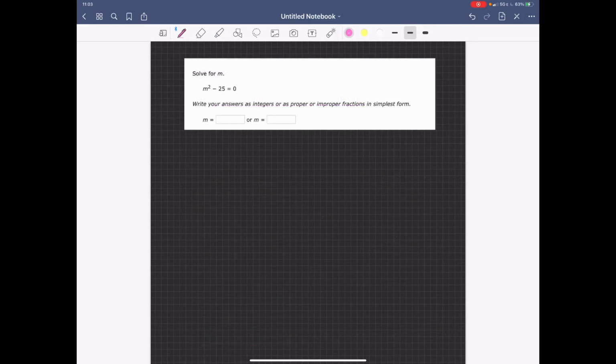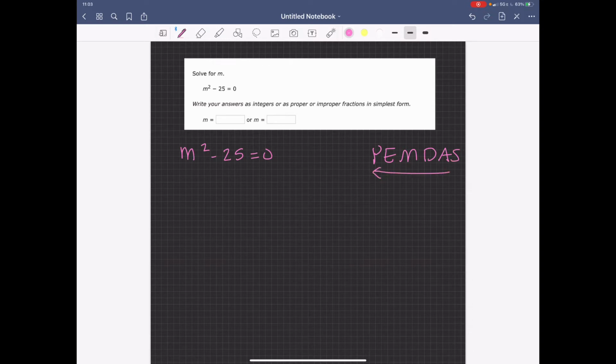Okay, so we're asked to solve for m. I have m squared minus 25 equals 0. From here, I'm going to use PEMDAS, but I'm going to work backwards.